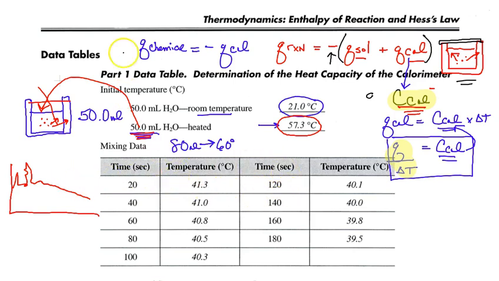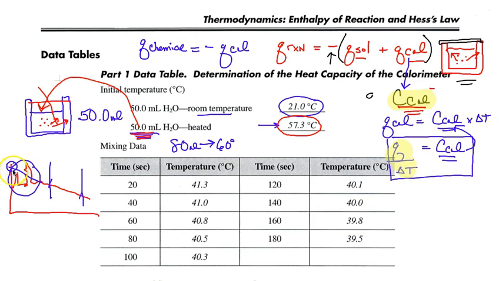What you're going to do is, in Logger Pro, you're going to take this graph, this initial part of the graph, and we can't really know exactly what the temperature is instantaneously until we take the best fit line and extrapolate it all the way to the y-axis. So we'll take the best fit line in a nice region that's cooling, and then we'll do a regression line back to this initial point here.